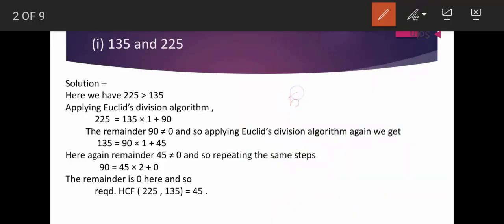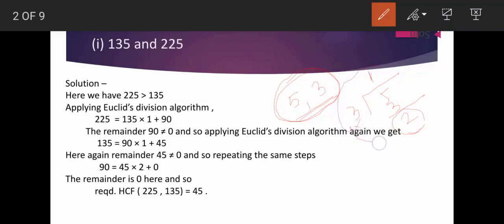Let us understand this through an example. Suppose 5 and 3 are two numbers given to us. We have to find the HCF of 5 and 3. When we follow Euclid's division algorithm, we have to divide 5 by 3. When we divide 5 by 3, we get 3 ones are 3. What is the remainder? 2 is the remainder. It is clear that this remainder 2 is less than 3, so no further division is possible here.